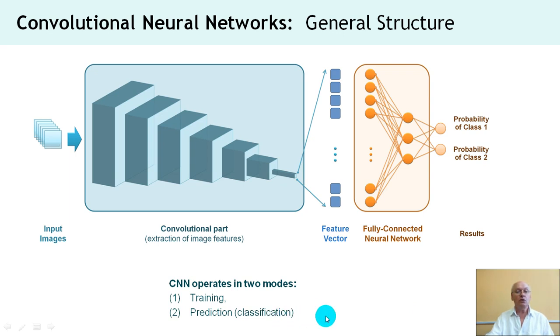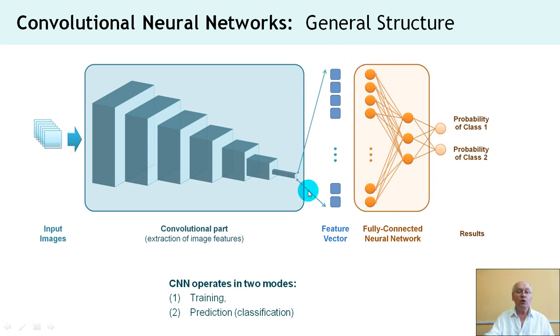What we have to note here is that the second part is an ordinary fully connected neural network, which is known for years and years, which is as old as I am. It can be simply removed, for instance.